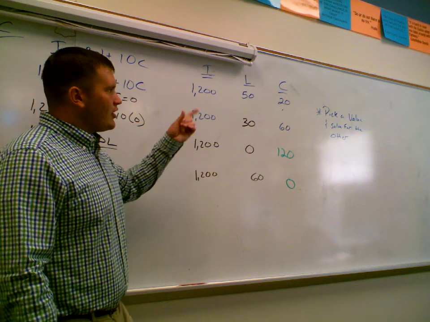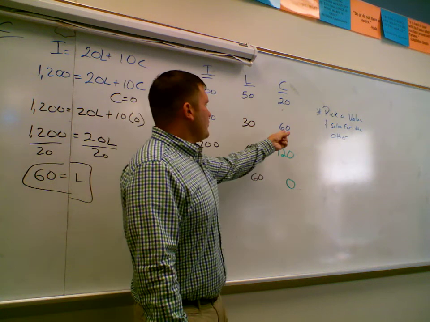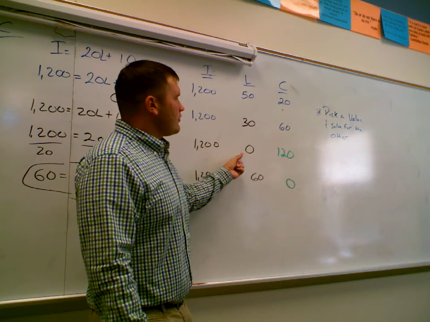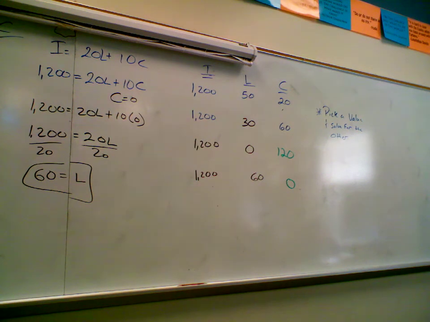And to do that, you pick one variable, because every time we picked one, right? We picked 50, we picked 60, we picked 0, we picked 0. Every time you pick one variable and then solve for the other. And that'll work every single time. Does that make sense? Are there any questions? Okay.